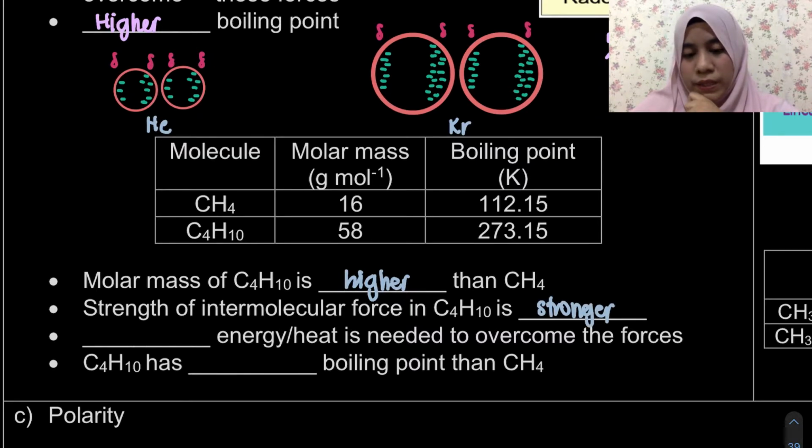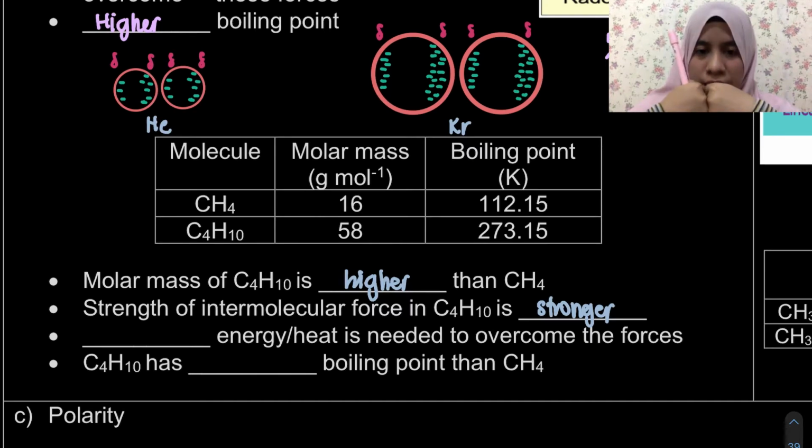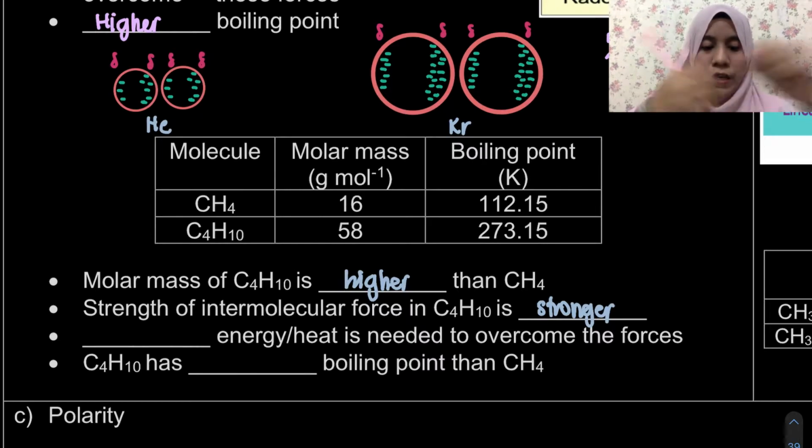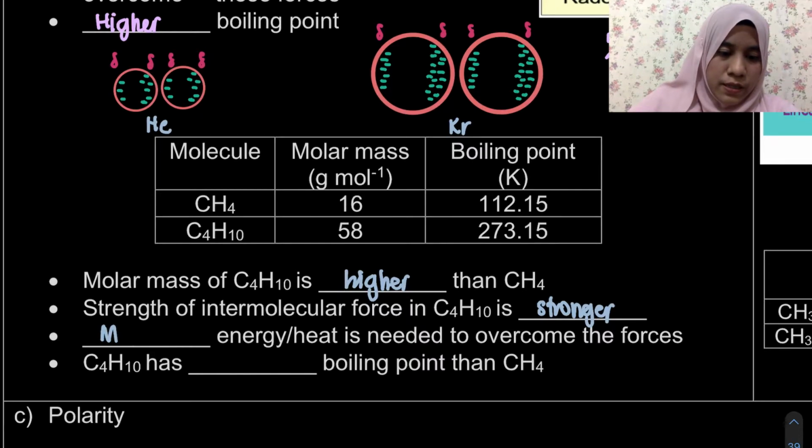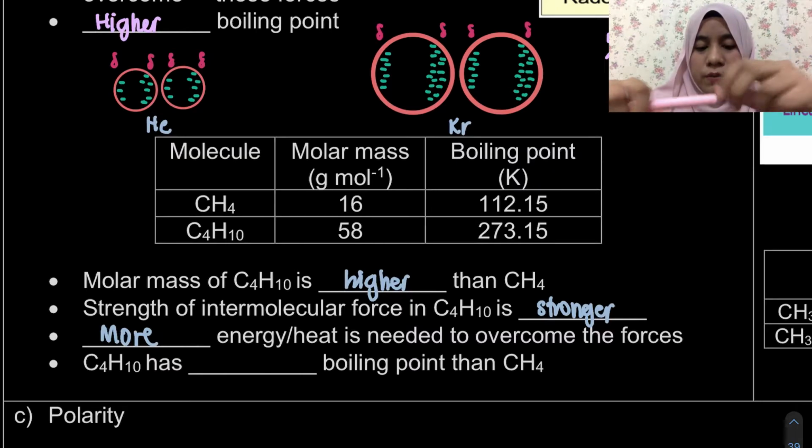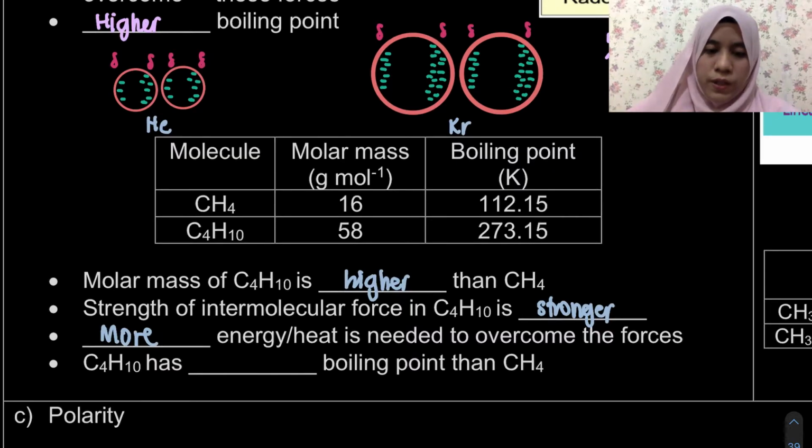Okay, so bila dia punya force so strong, contohnya kita nak boiling point ni, maknanya we want to break the bond between the molecules itself. So kalau contohnya the attraction between the bond too strong, maknanya we need more energy lah untuk to break the bond. Okay, so kat sini more energy is needed to overcome the forces. So that's why kita punya C4H10 has higher boiling point than our CH4.